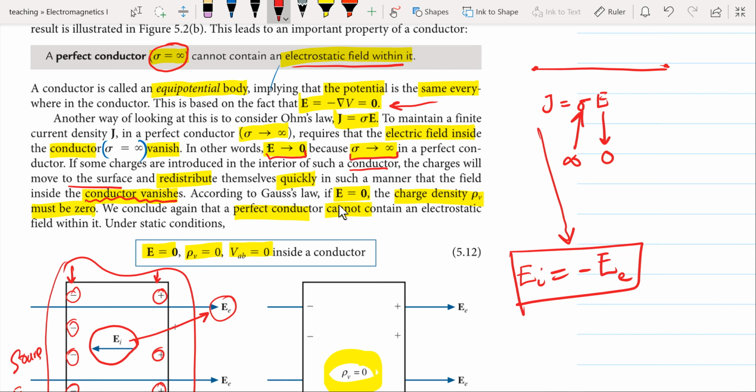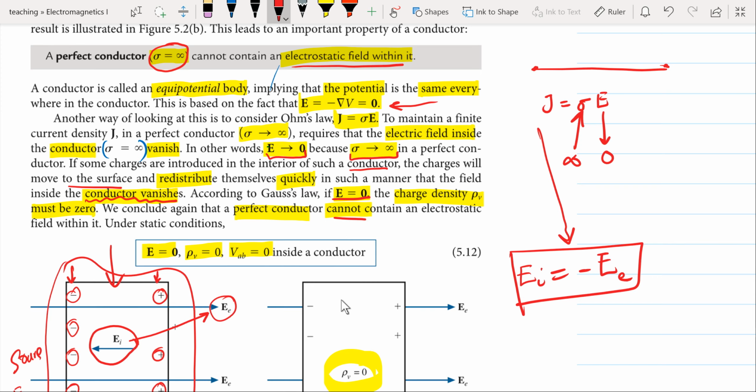Therefore, according to Gauss' law, if E, or the electric field strength, is 0, then the charge density rho V inside this conductor must also be 0. Therefore, we conclude that the perfect conductor cannot contain an electrostatic field within it.